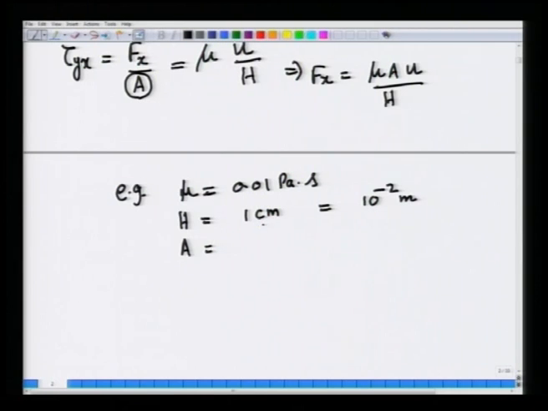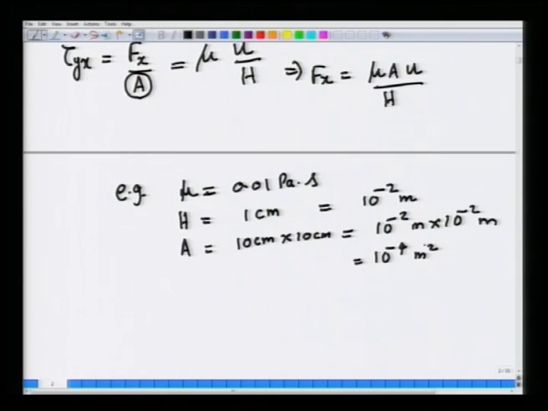Let us say the area is 10 centimeters by 10 centimeters. So, this is 10 to the minus 2 meters times 10 to the minus 2 meters, which is 10 to the minus 4 meters squared, and let us say the velocity is 1 centimeter per second, which is 10 to the minus 2 meter per second.